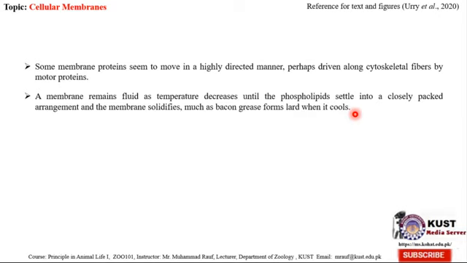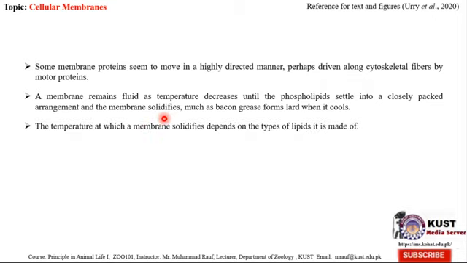So when the temperature decreases, the phospholipid tails become closely packed with one another, and as a result the membrane solidifies and the permeability of the membrane is decreased. Now the temperature at which a membrane solidifies depends on the types of lipids it is made up of.